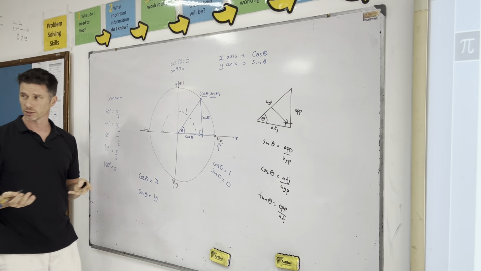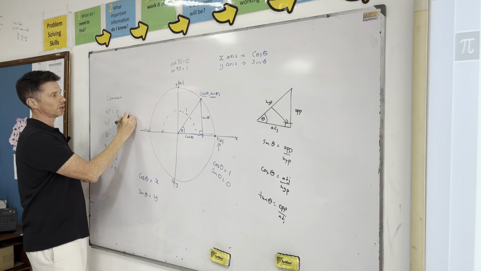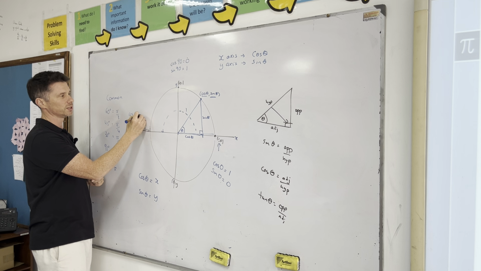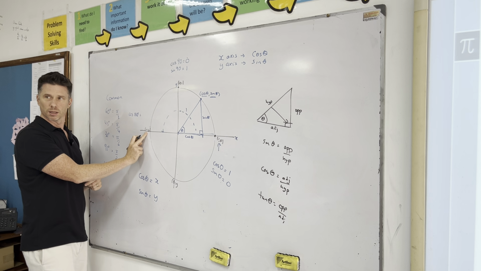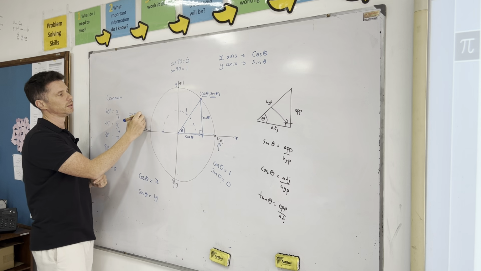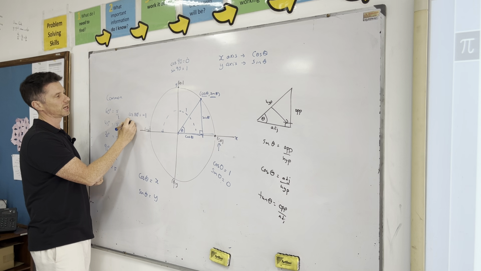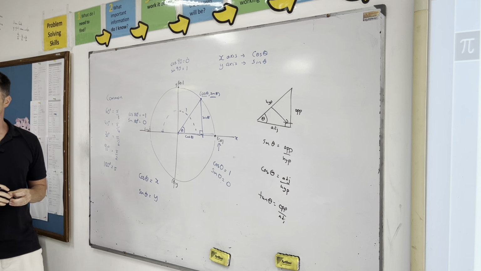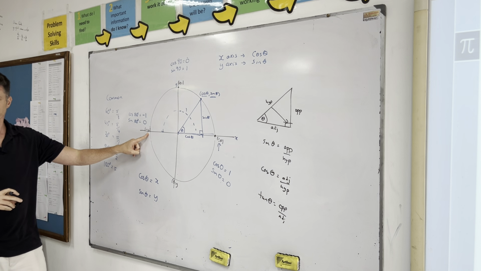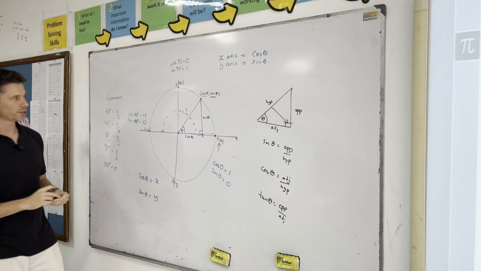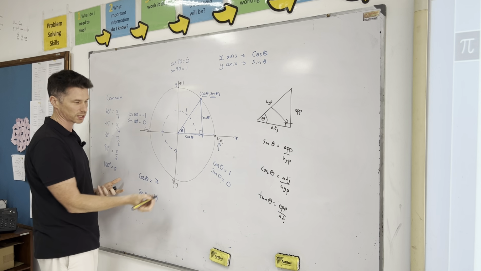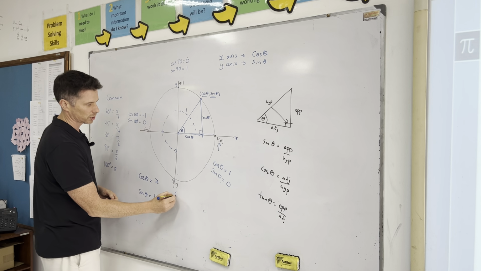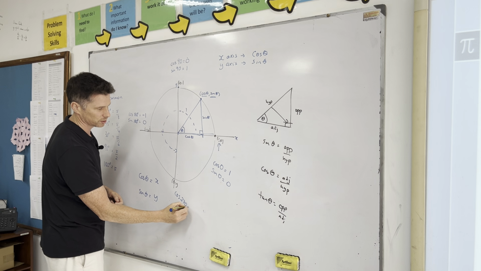That's 180 degrees. So the cos of 180 degrees must be the x value here, -1. And the sine of 180 degrees is 0 again. Yeah? Because we knew that point. That point is definite. And if we continue this process, we get to 270 degrees. So the cos of 270 is 0.